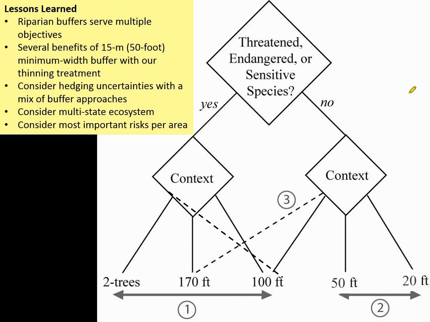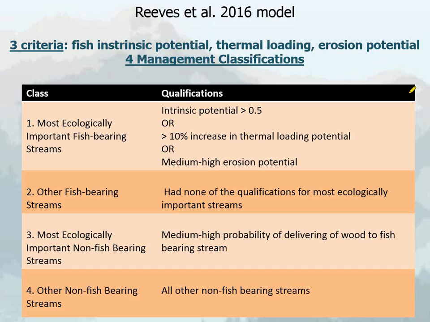It's not one thing. It's several different states out there, and so targets for managing for a single condition is a bit unrealistic. So a variety of conditions, but consider the risks, the most important risks in an area.